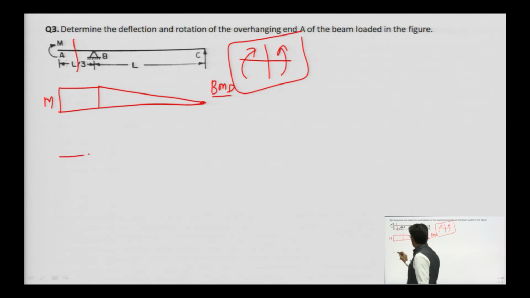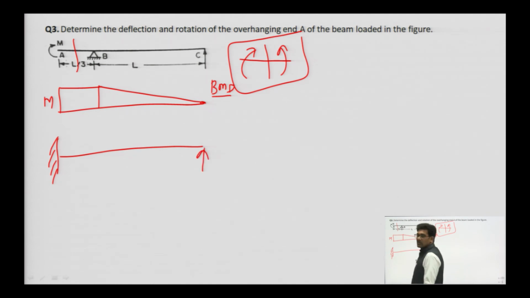So, it is a conjugate beam. In the conjugate beam, this free end will be replaced by a fixed end. This outer support is not going to change. This inner hinge will be replaced by an internal hinge.